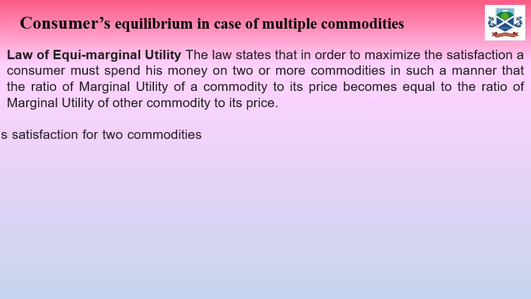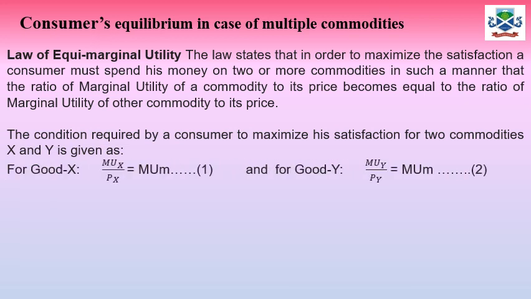So if we explain it, take good X as the single commodity we discussed here: MUx/Px equals MUm. And if good Y is consumed, for good Y the condition becomes MUy/Py equals MUm.